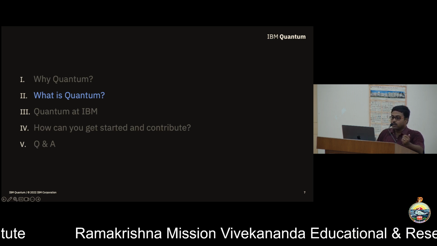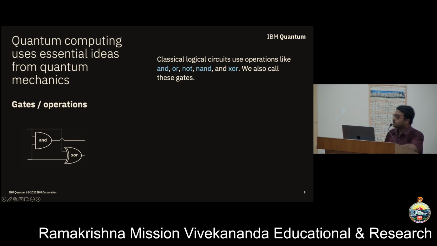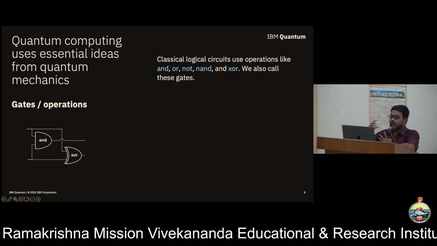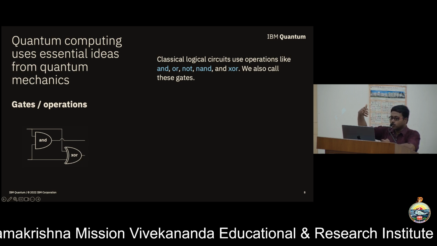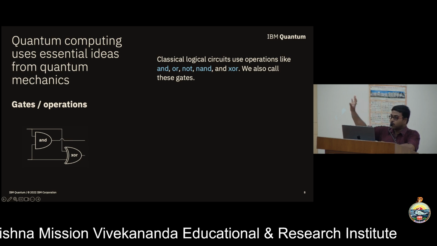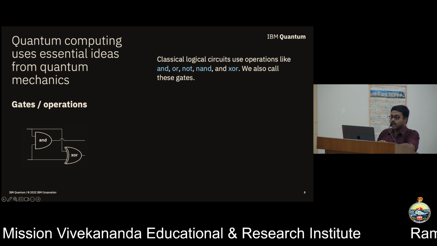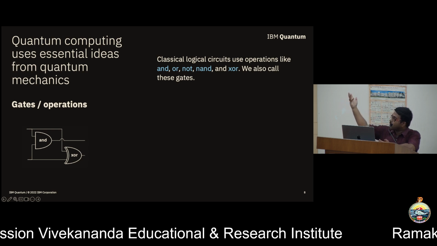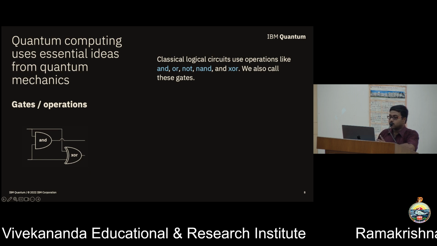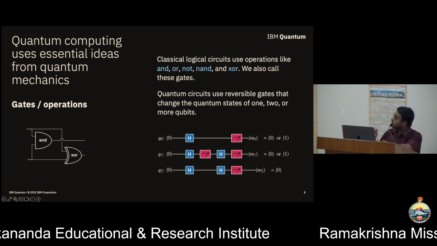If we think down, we all know we do algorithms and all of those things, but in the end, if we look down into the classical system, there are some logic gates, right? It processes zeros and ones, and these logic gates can be AND, NOT, XOR or something. We call these gates. Similarly, when we think of a quantum circuit, there are a few things.